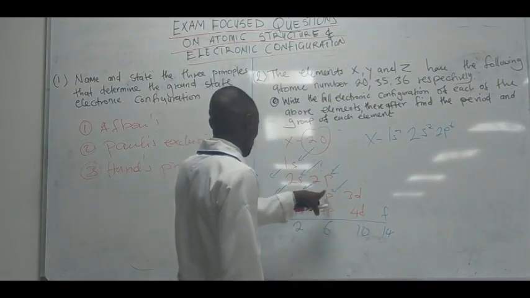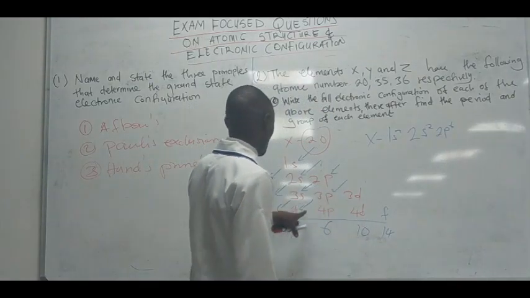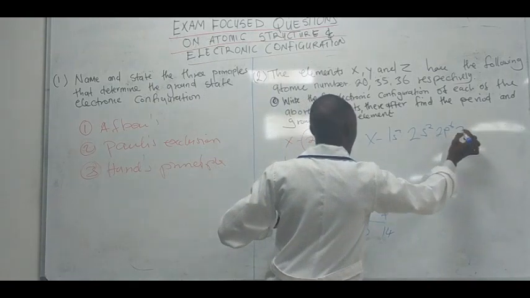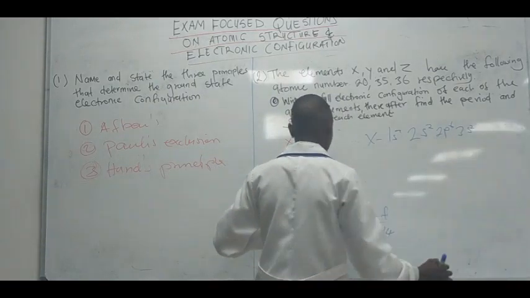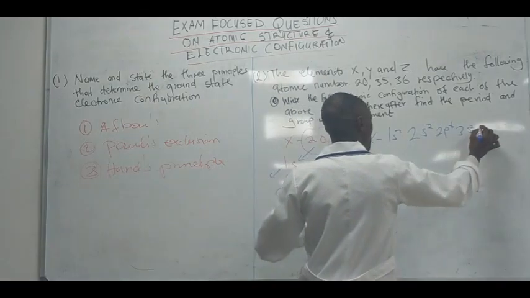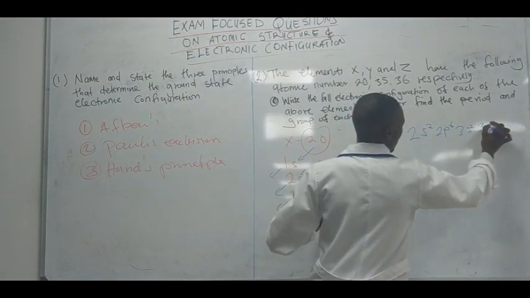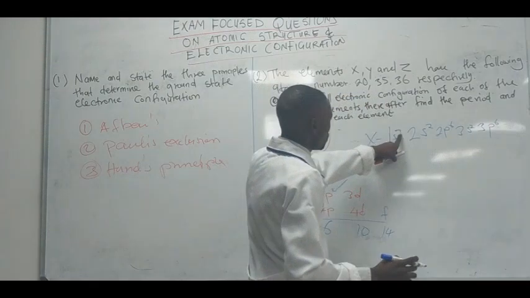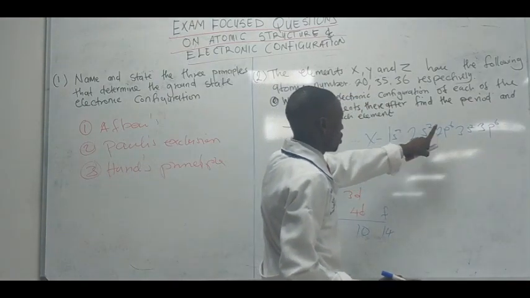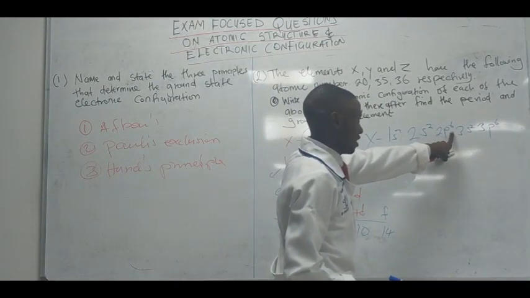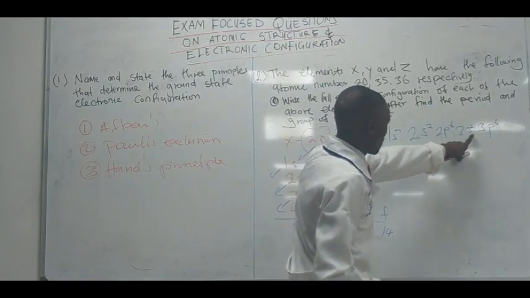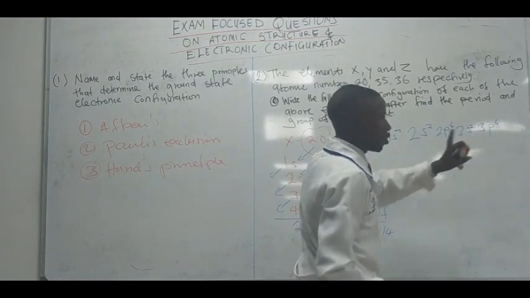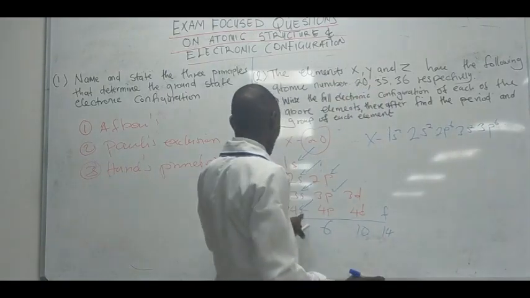From there, the 2p6, we're coming to 3s2, then we have our 3p6. So you can counter check before you go very fast. So now 2 plus 2, that's 4, 4 plus 6, that's 10, 10 plus 2, that's 12, 12 plus 6, that is 18. So I'm remaining with 2, and I have my 4s.